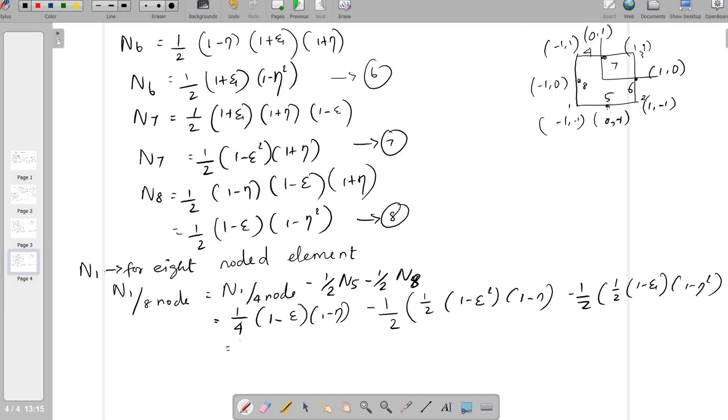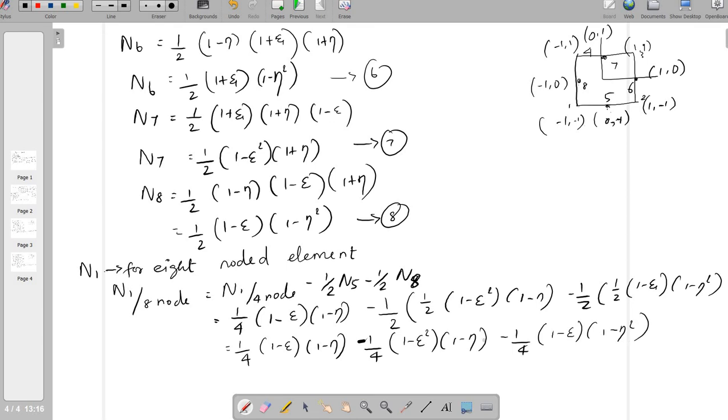So now I am going to simplify: 1 by 4, 1 minus epsilon, 1 minus eta, minus 1 by 4, 1 minus epsilon square, 1 minus eta, minus 1 by 4, 1 minus epsilon, 1 minus eta square. It is possible to take out 1 minus epsilon and 1 minus eta. After taking 1 minus epsilon and 1 minus eta outside, here it will remain 1 plus epsilon, and here it will remain 1 plus eta.